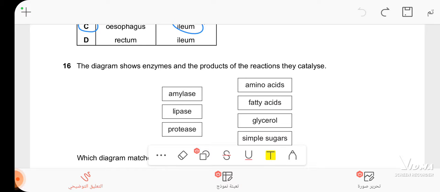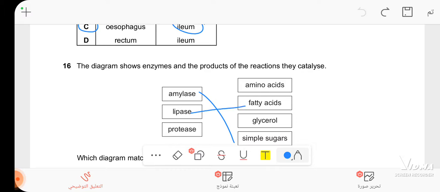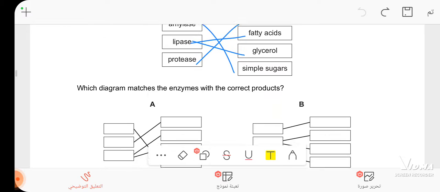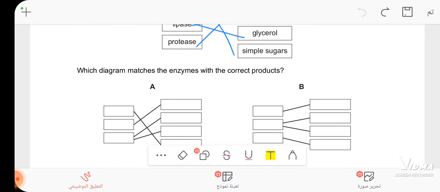The diagram shows enzymes and the products of the reaction they catalyze. Amylase catalyzes simple sugars, lipase fatty acids and also glycerol, protease amino acids. Which diagram matches the enzymes?